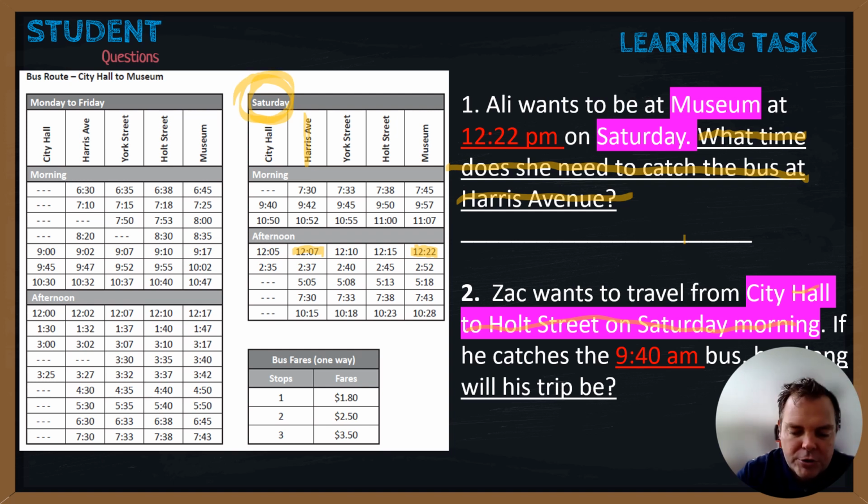He's going from City Hall to Holt Street, which is this one here. And if he catches the 9:40 a.m. bus, which is this one here, what time will he get to Holt Street? Well, at 9:50. So again, guys, making sure you've got that information presented clearly makes life a lot easier for us.